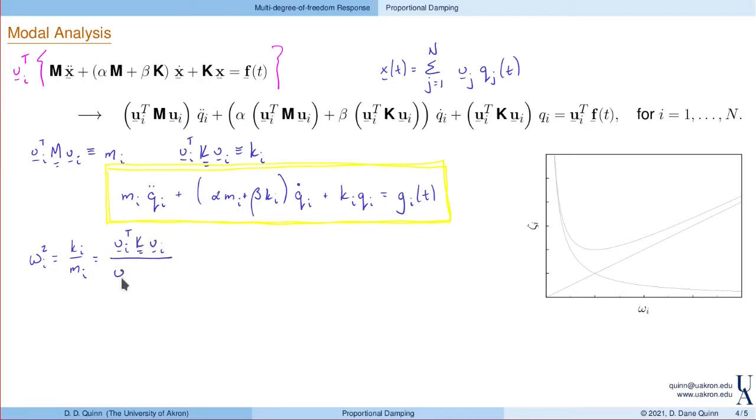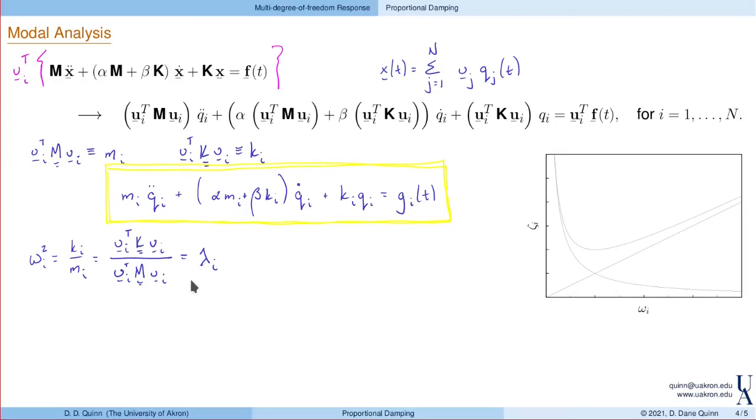And for the mass, again using u_i transpose M u_i, which is actually the ith eigenvalue that we found from our eigenvalue problem.